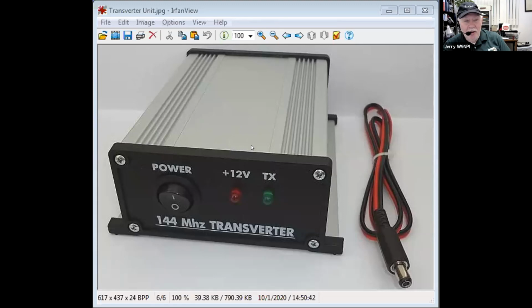Yep. Okay, and for a long time, people were buying transverters. Sometimes the manufacturing companies would make their own transverters, and for a little extra charge or a lot of extra charge, you can buy one, and plug one end of it into your 28 megahertz radio, and plug the other into an antenna.